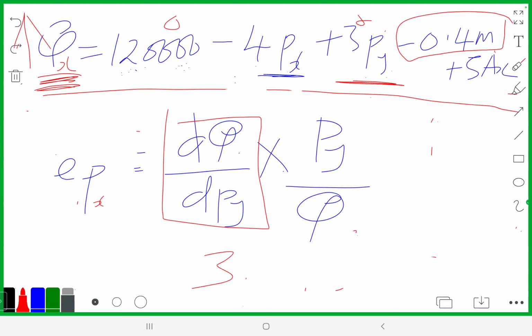So this will be positive 3 times the price of y, 15, divided by the same quantity, 245. Then that will give you the cross price elasticity: 15 divided by 245, everything multiplied by 3.